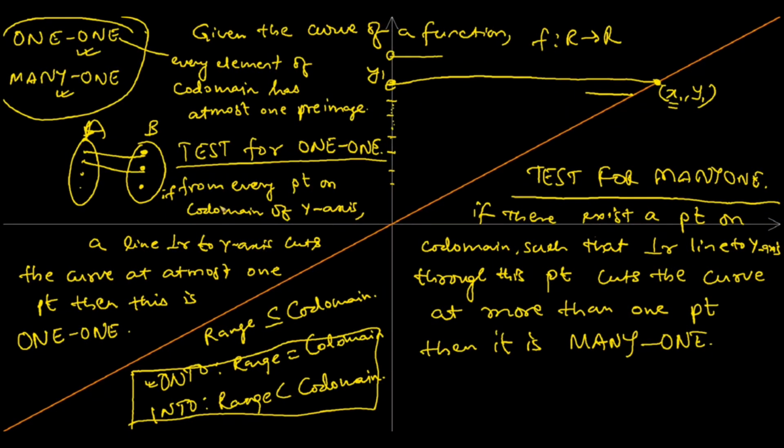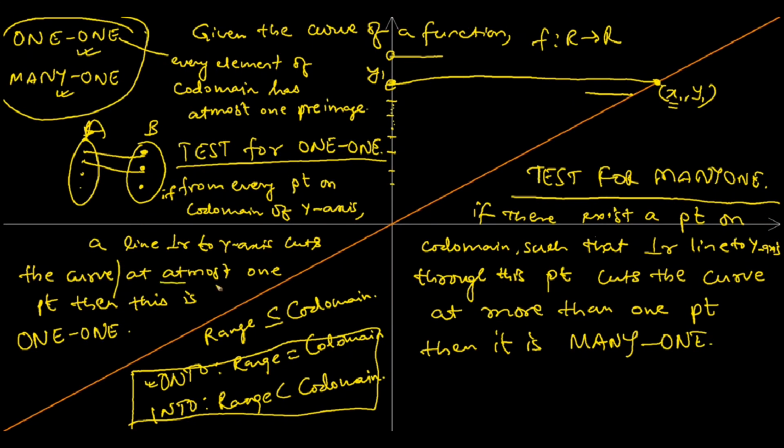So for onto, this is the test: if from every point on the codomain of the y-axis, a line perpendicular to the y-axis cuts the curve, that's it.